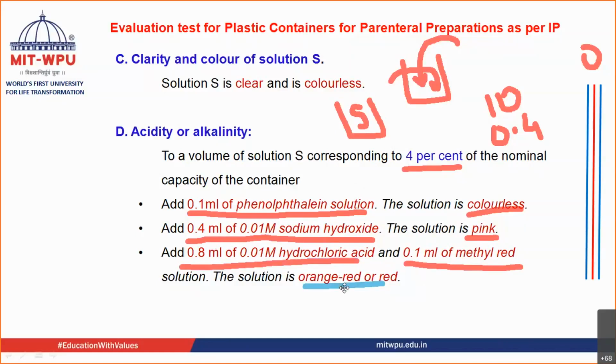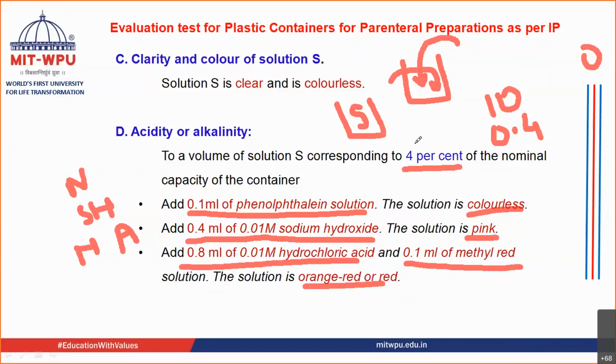So initially it is neutral. After addition of sodium hydroxide, it has turned into alkali, and after addition of HCl, it has turned into acid. Are you understanding?